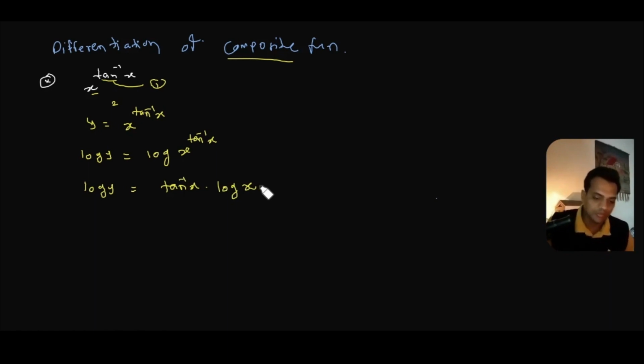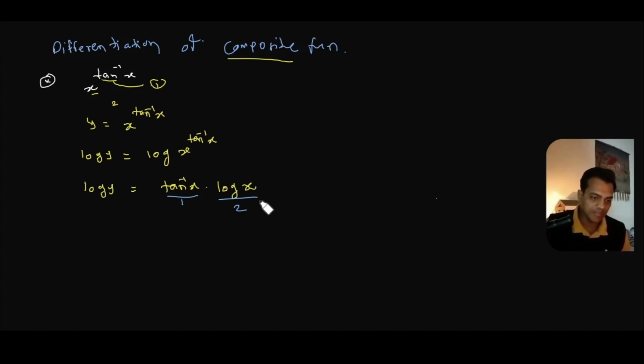Now I have two functions. This is function 1 and this is function 2, and both the functions are in multiplication with each other. We know how to take the derivative of two functions if they are in multiplication.